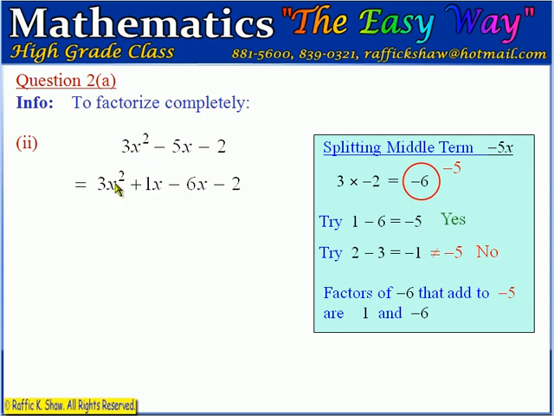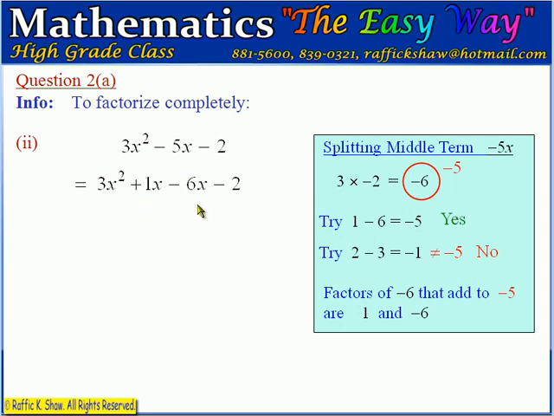The 3x squared term comes back here. The negative 2 term comes back here. And then the negative 5x, we split into 1x minus 6x, using the two factors that we found that add to negative 5, because 1x minus 6x is still equal to negative 5x.